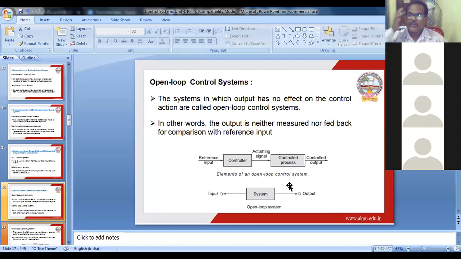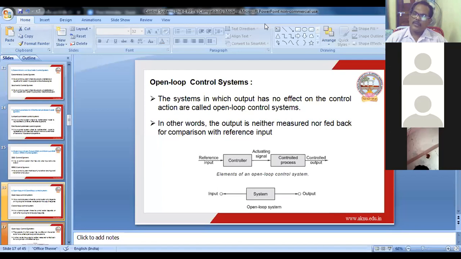Feedback is nothing but a fraction of the output signal fed back to the input to compare with the reference signal or input signal to generate the error signal. Therefore, the mixer which mixes the feedback signal and the reference signal is called a comparator, or sometimes an error detector.